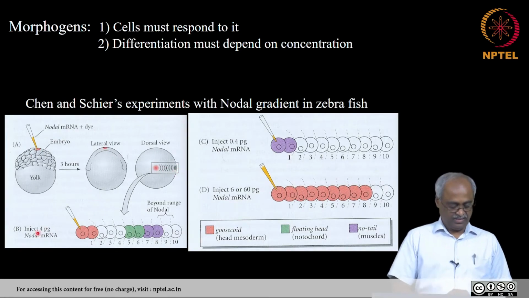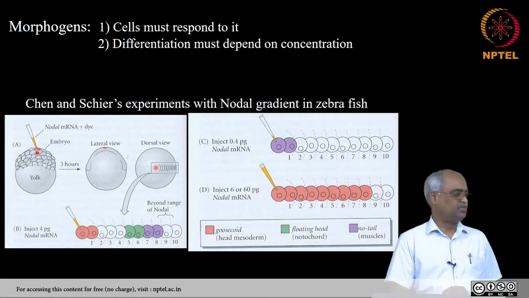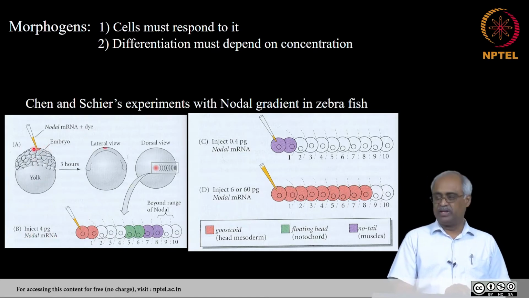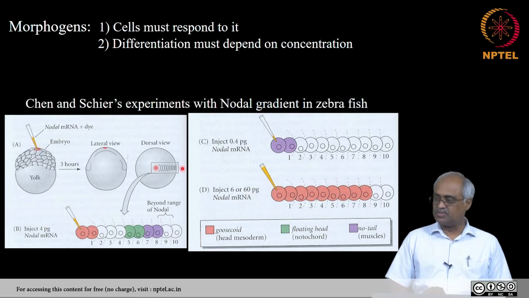Okay. So now you inject about 4 picogram nodal mRNA into this cell, and the nodal protein produced diffuses across, and when it reaches a certain concentration, it is going to induce a certain downstream target like floating head, okay, that is going to be induced, and that is going to become the notochord.